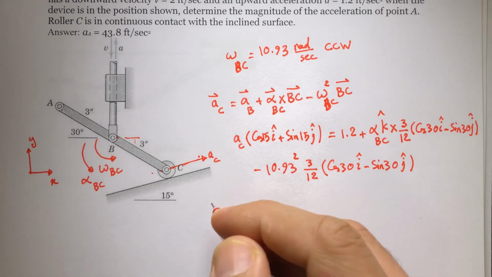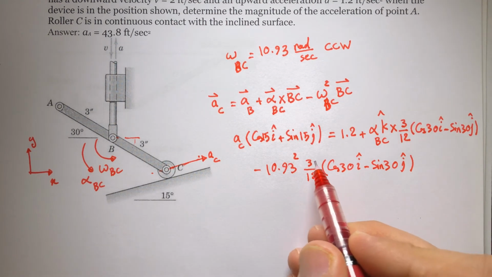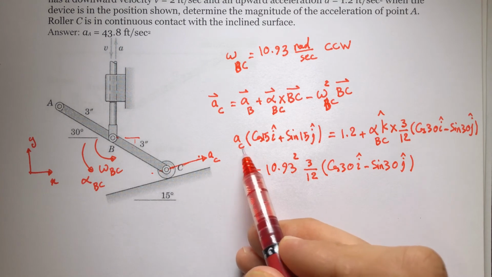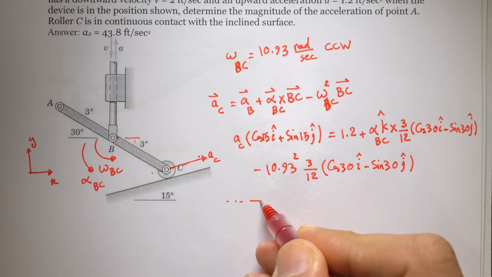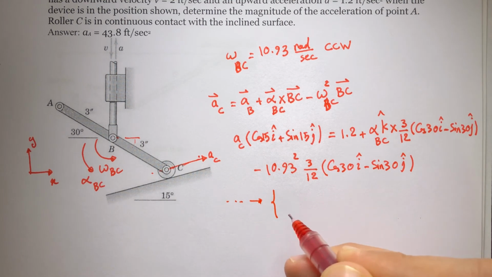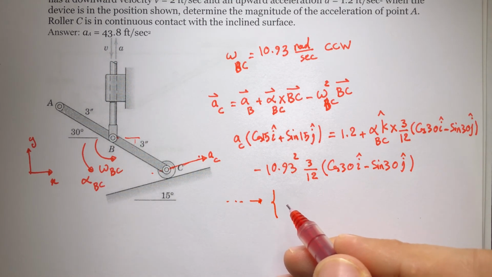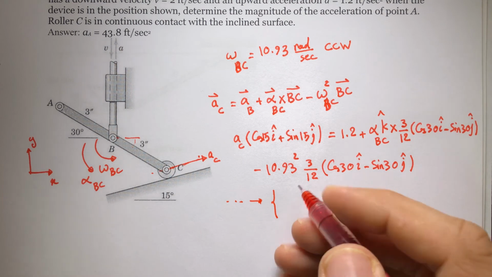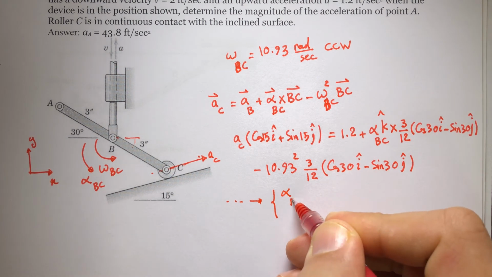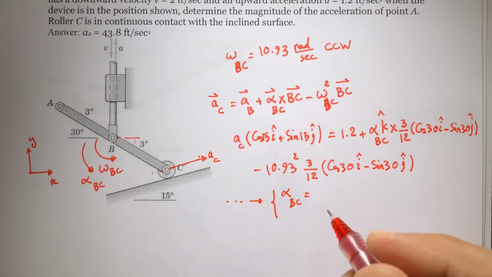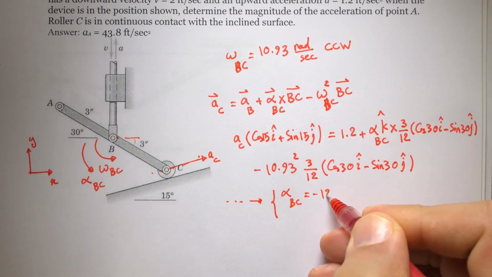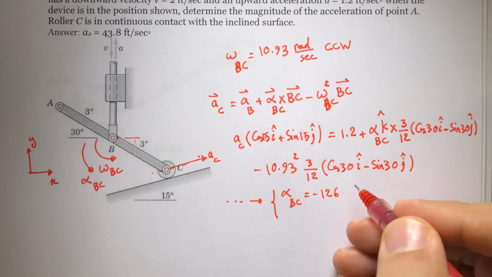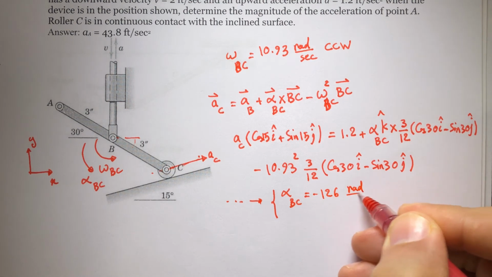So separating i and j terms, 2 equations, 2 unknowns. Unknowns are AC and alpha. Just to save the time, alpha of this link BC is going to be negative 126 radian per second squared.